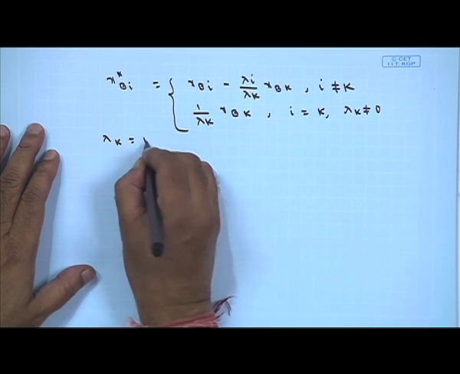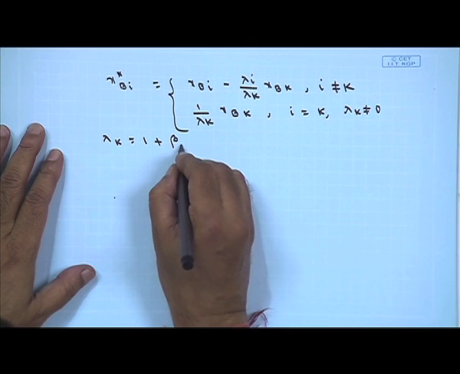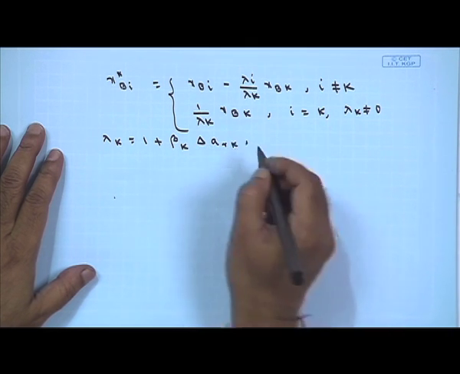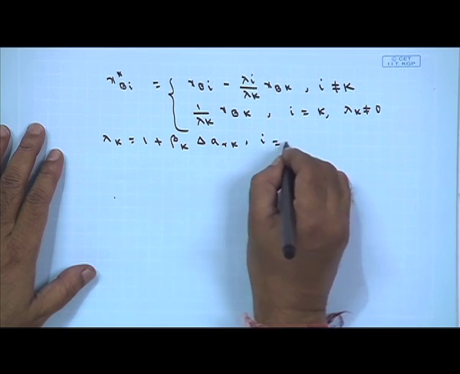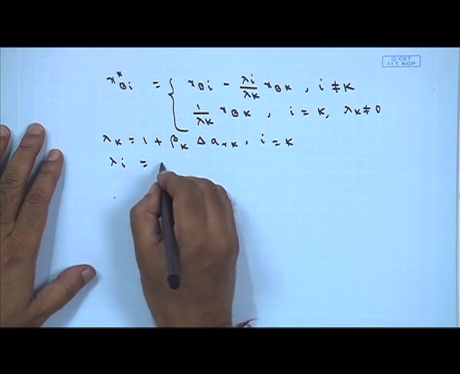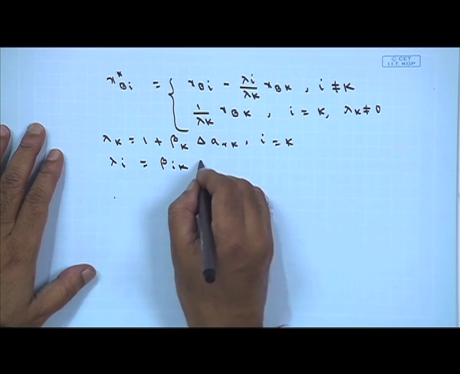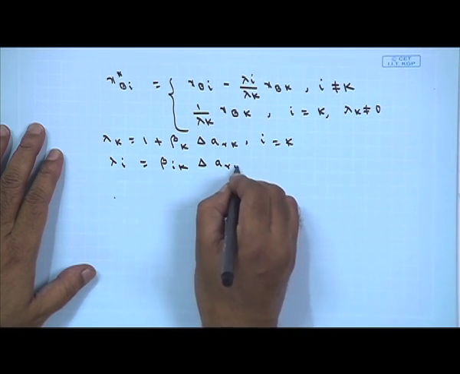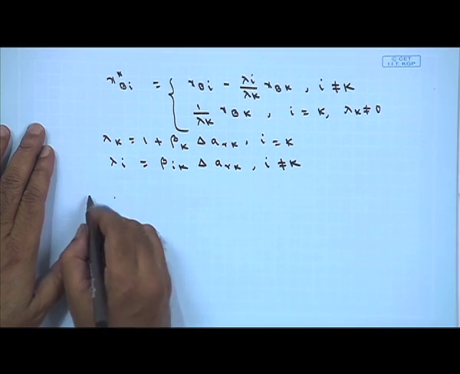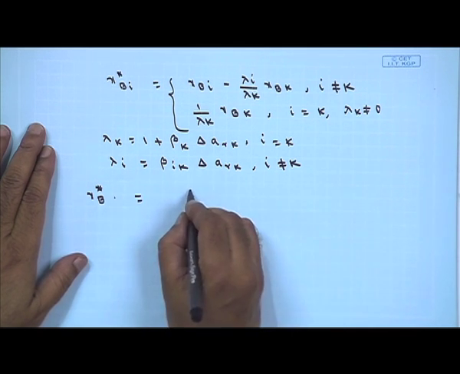Your lambda k equals 1 plus beta k k into delta a r k, whenever i equals k, and your lambda i equals beta i k into delta a r k, whenever i is not equal to k.